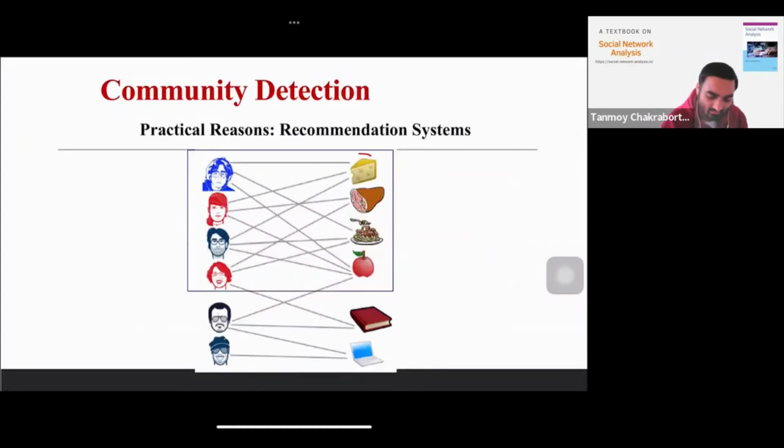You know that this is a community, so these 4 users may have the same tastes, therefore they are part of the same community. Now the product has been bought by this user and this user, but not this user. So you can recommend this product to this user because he is also part of the same community. Similarly for other cases.